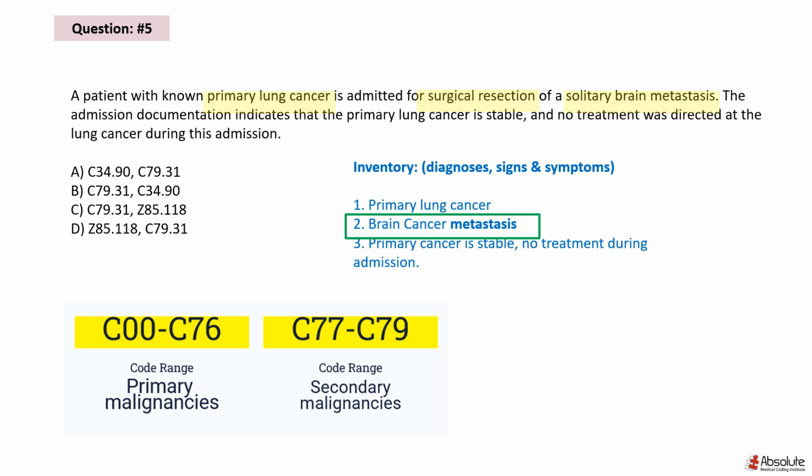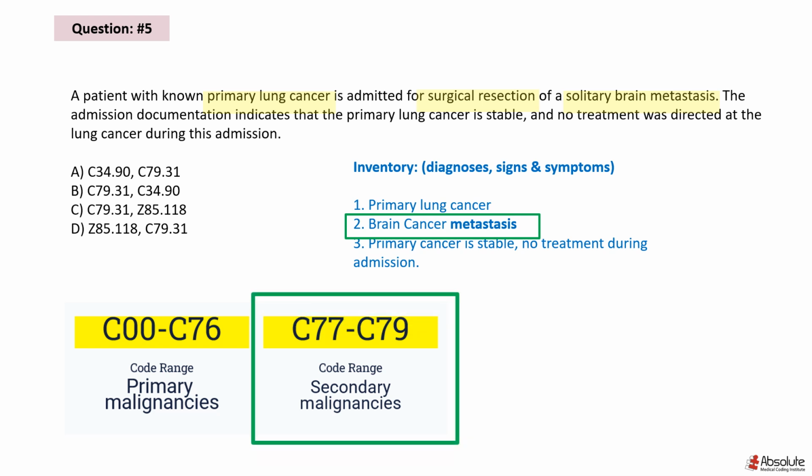And what is the metastasis? Well, the brain cancer is your secondary cancer. And we reviewed previously that secondary malignancies are in this category range. So if we look at our answers, we can eliminate a couple of things. We can eliminate A and D because neither are sequencing C79, which falls in this category, first.